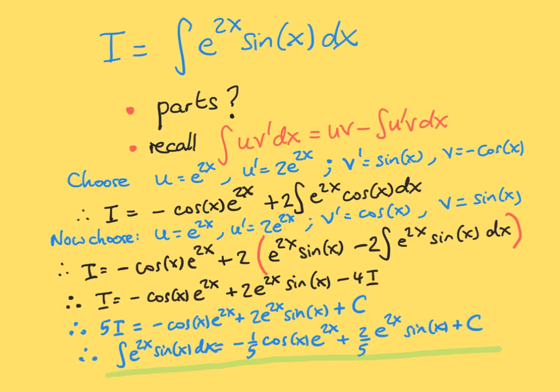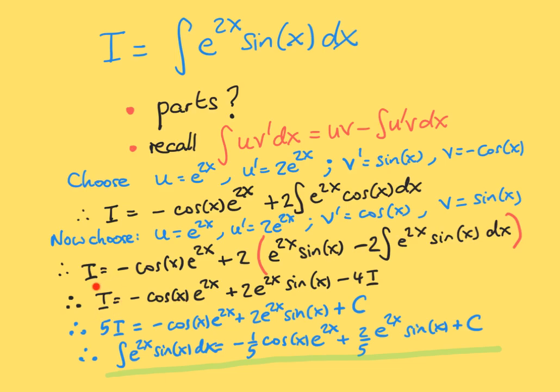So in this example, what we see is that by using integration by parts, which changes one integral into some algebra and a different integral, we've not reduced the integral to a trivial integral, or something we can calculate.